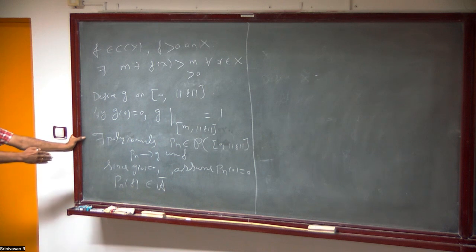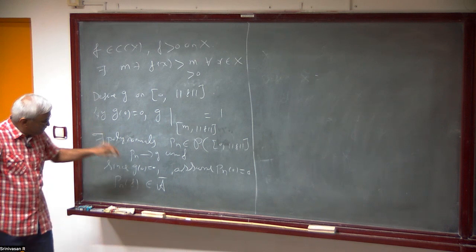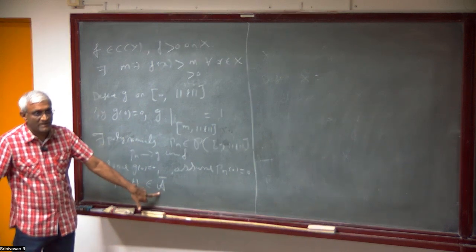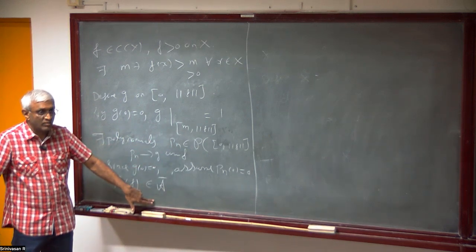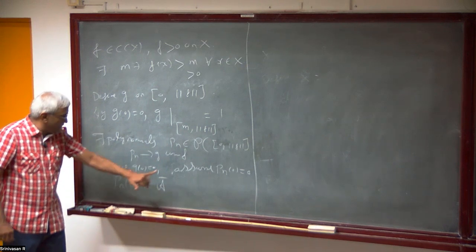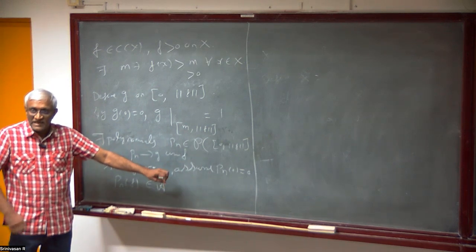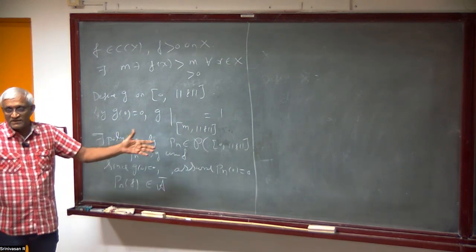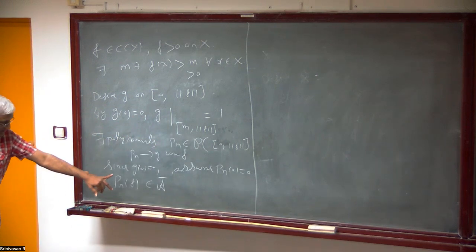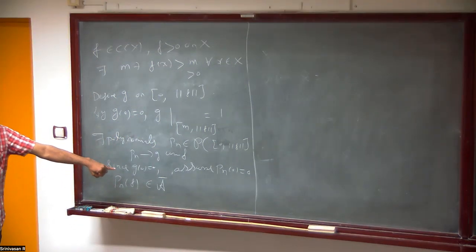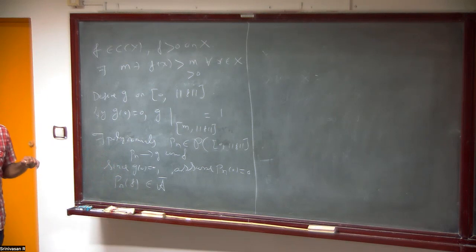Pn of f does not contain a constant term. If it had a constant term, then for that to be in A closure, constants would have to be there, which is what we are trying to prove. But Pn does not have any constant term. It will be just sums of powers of f. Because it's an algebra, they will all belong to A closure.